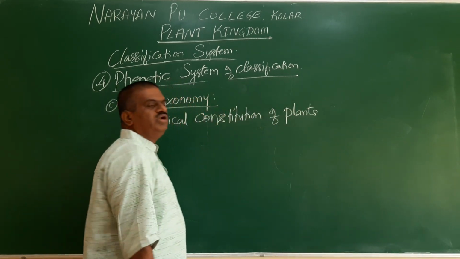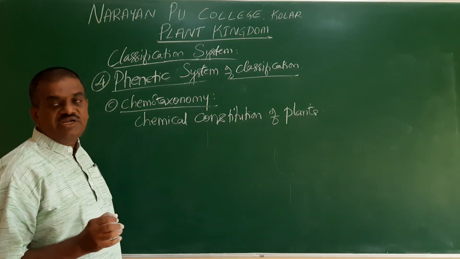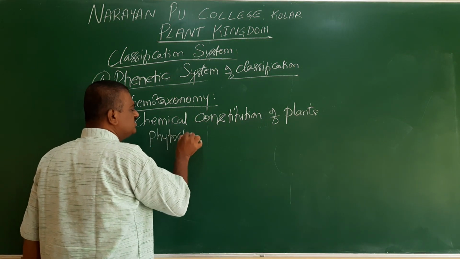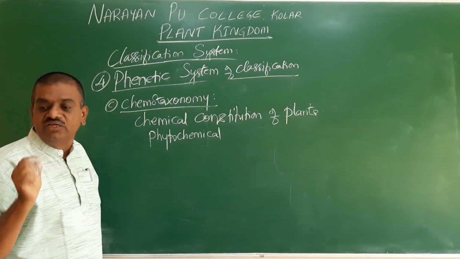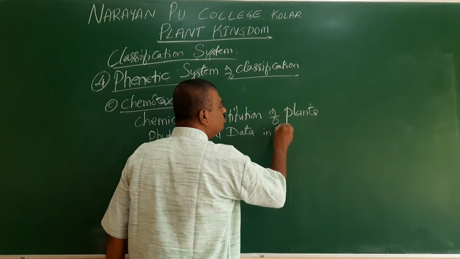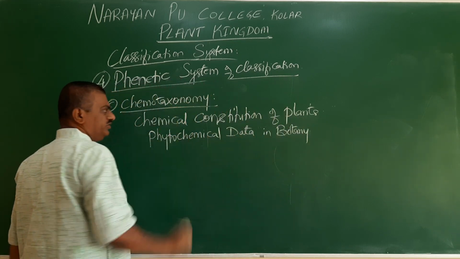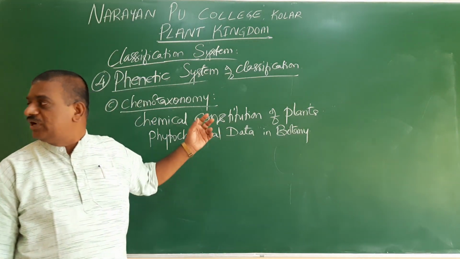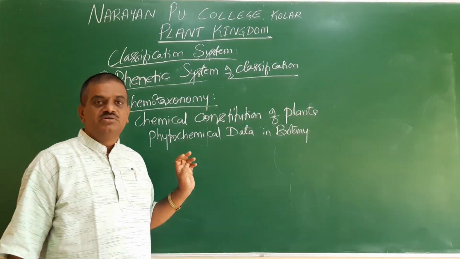What the chemical constitution of the plants is, is included here, and it is also called phytochemical data in botany. So this is chemotaxonomy, based on the chemical nature, or the phytochemical data.